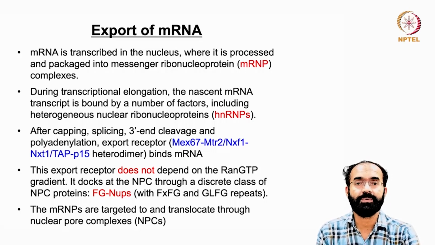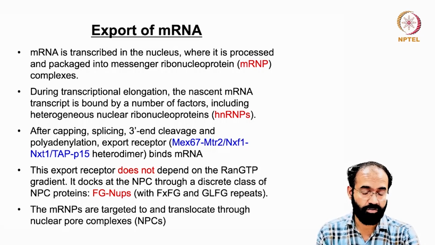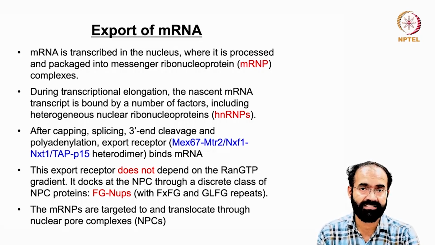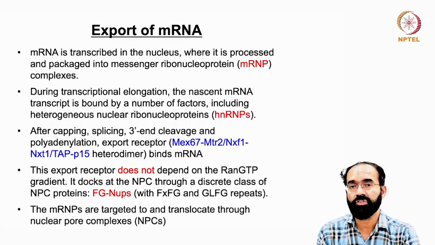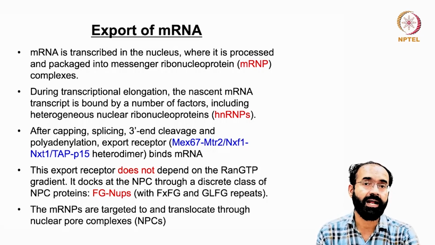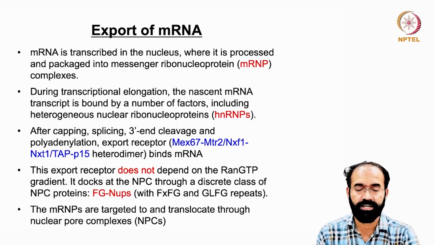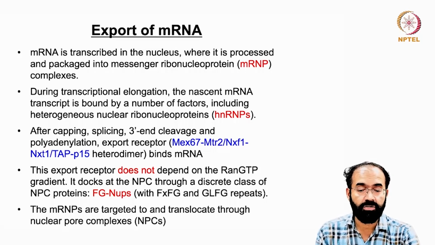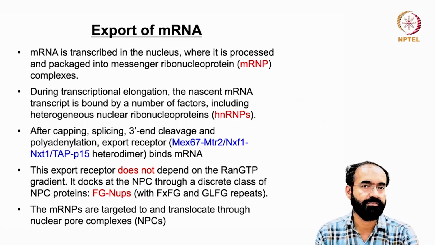So the export receptor is not a single form like exportin T or exportin 1, because mRNA requires a group of proteins which act as the exportin because of the unique secondary structure and higher molecular weight of the mRNA.